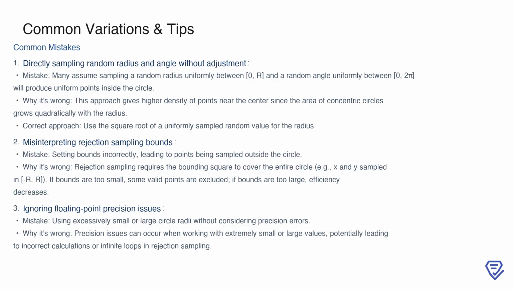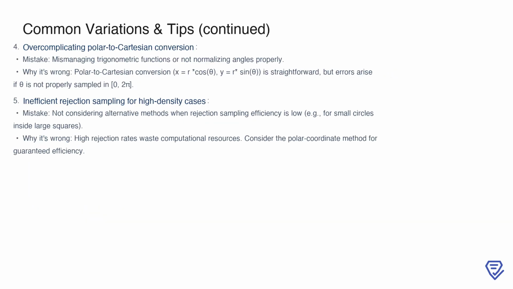limitations in your implementation. Another mistake to avoid is overcomplicating the conversion from polar to Cartesian coordinates. The transformation itself is straightforward: x equals r times the cosine of theta, and y equals r times the sine of theta. However, errors can occur if theta isn't sampled properly within the range of 0 to 2 pi, which is essential for uniformity.